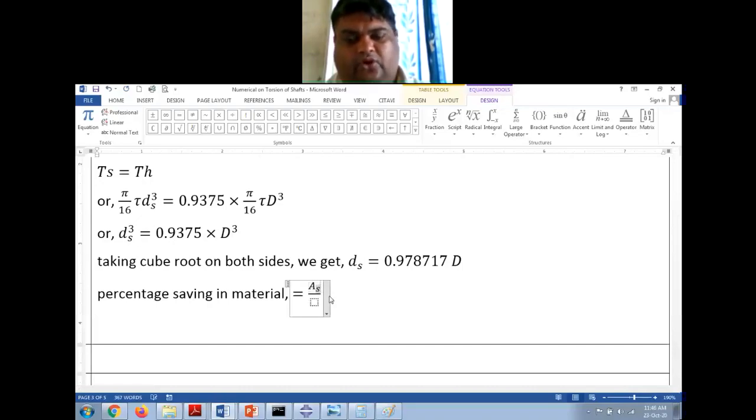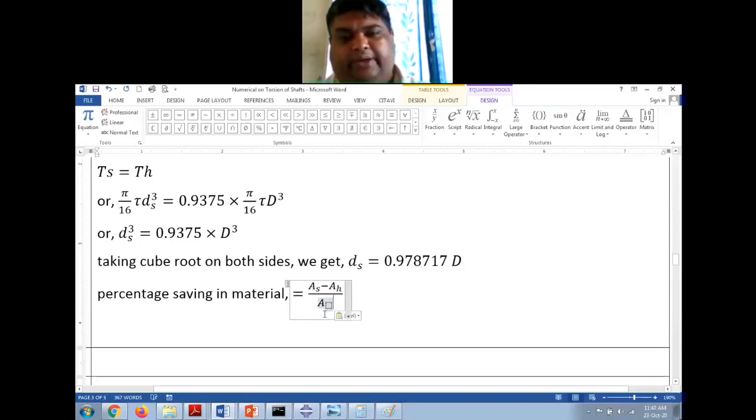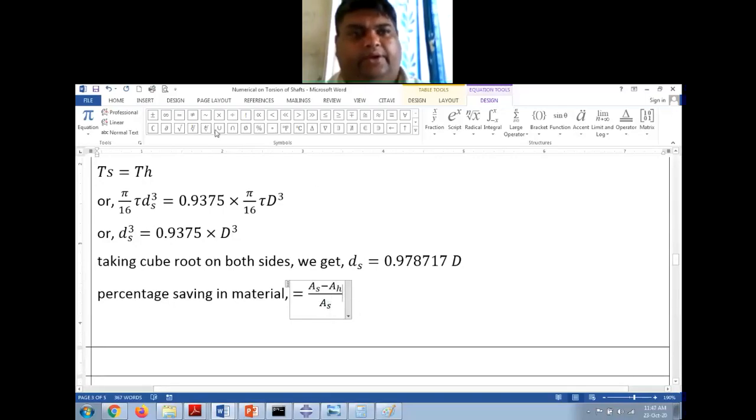So area of solid shaft minus area of hollow shaft, because hollow shaft area will be lesser, divided by area of solid shaft into 100, because it is percentage. This will give me the percentage saving in the material.